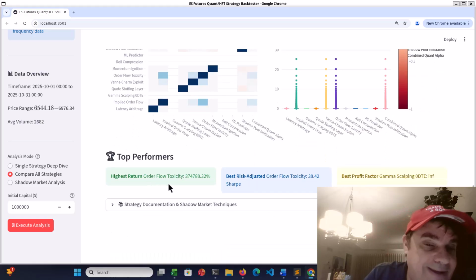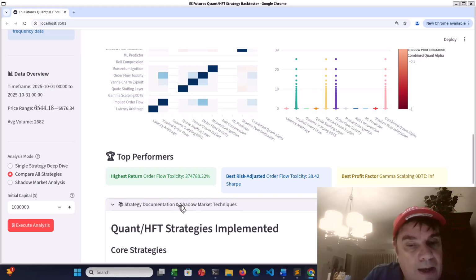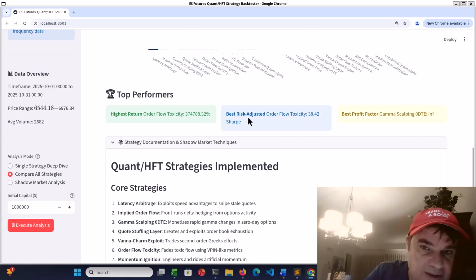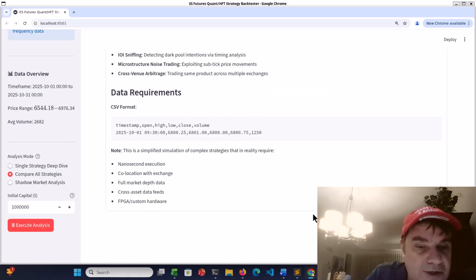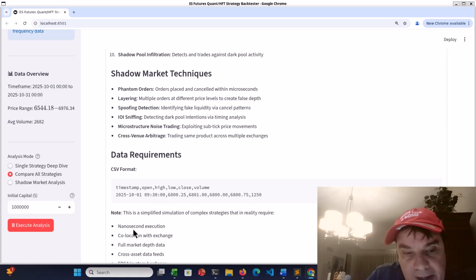This is obviously hallucinated data, but we have here most likely order flow toxicity strategy might be the best for risk adjusted. Maybe it is the order flow, and the best profit factor. Again, here you got infinity, gamma, scalping, 0TE. So these are the different strategies involved. Again, same notes as before with the NASDAQ.